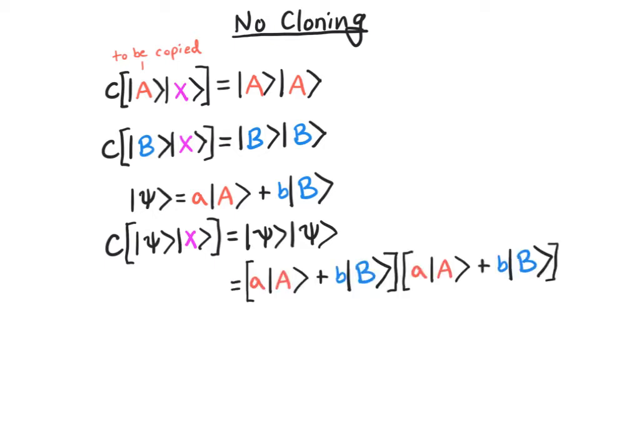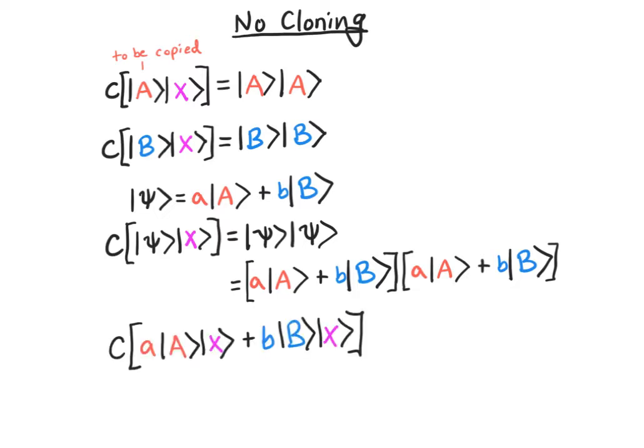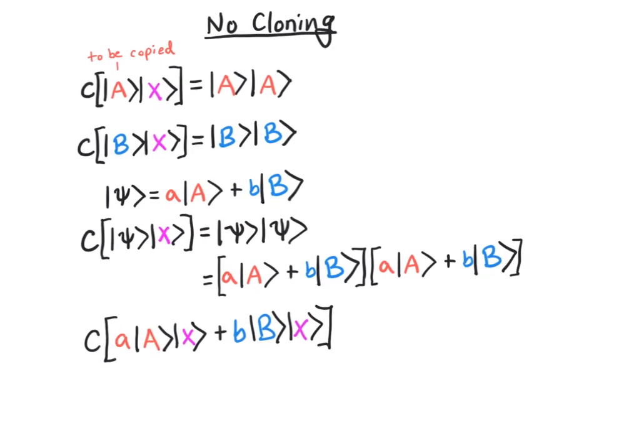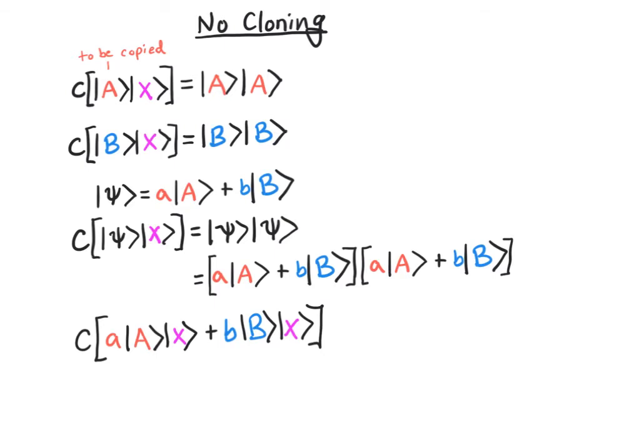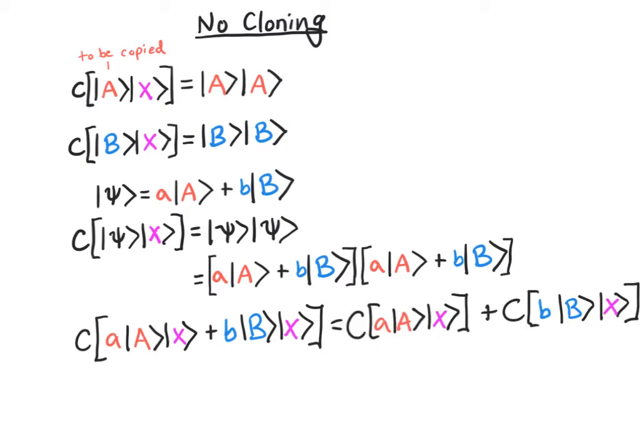But C is a linear operator, so it has to follow the rules of linear operators, and we can re-express psi as a linear combination of A and B. And one of the rules of linear operators is that C of A plus B is equal to C of A plus C of B. Another rule is that we can take out these coefficients, lowercase a and b, from within our linear operator, and then we can apply our two conditions from the first two lines to these two terms, and we find that the copy of our state psi ends up giving us the following.